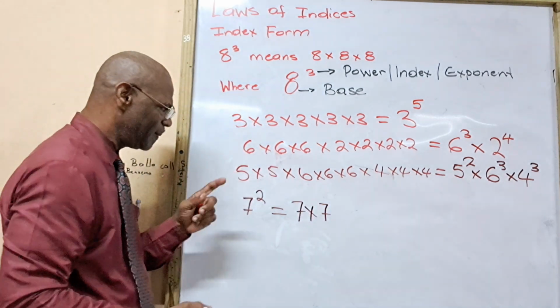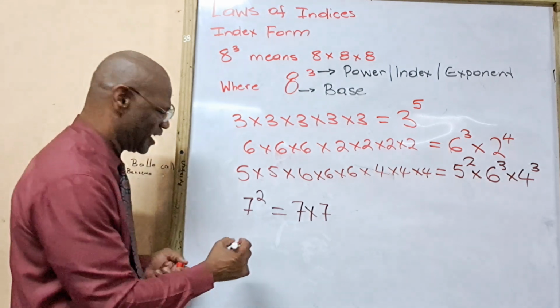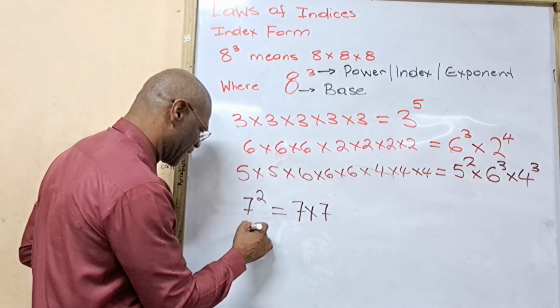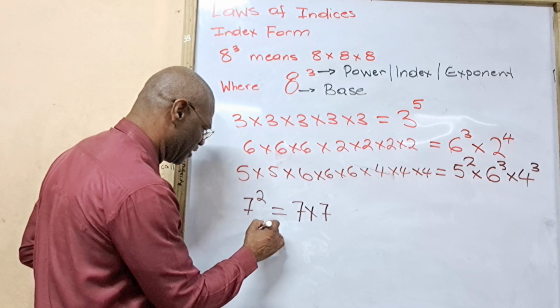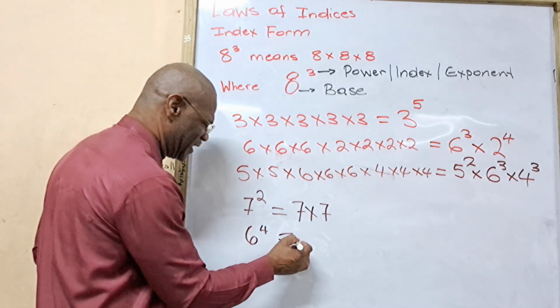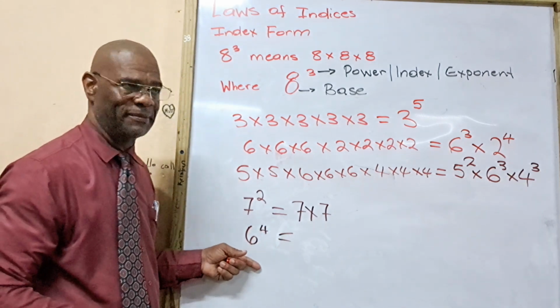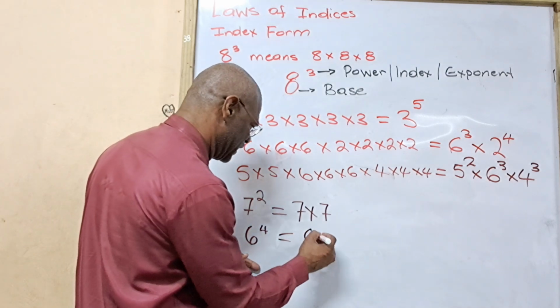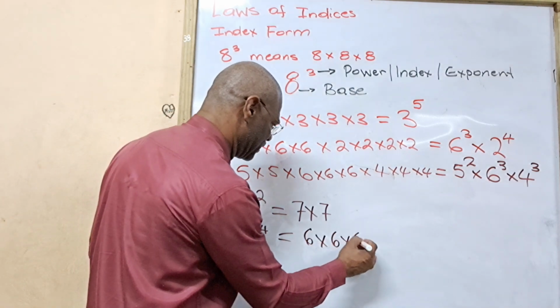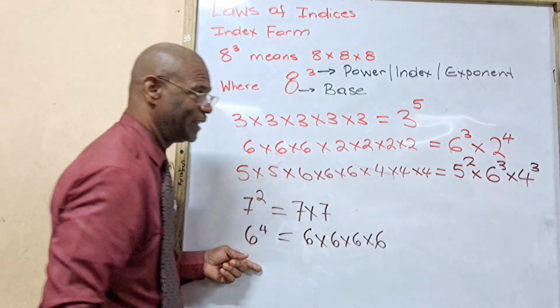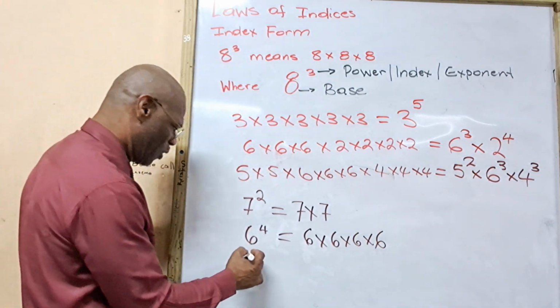Alright? Now let's look at another one. We have 6 to the fourth power. Now that tells us that 6 occurs 4 times. And so we have 6 times 6 times 6 times 6. Alright? And then let's look at one more.